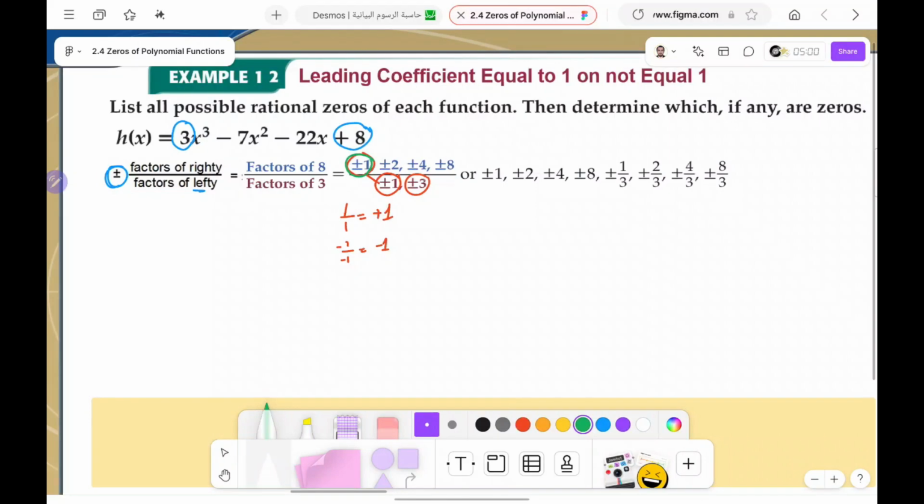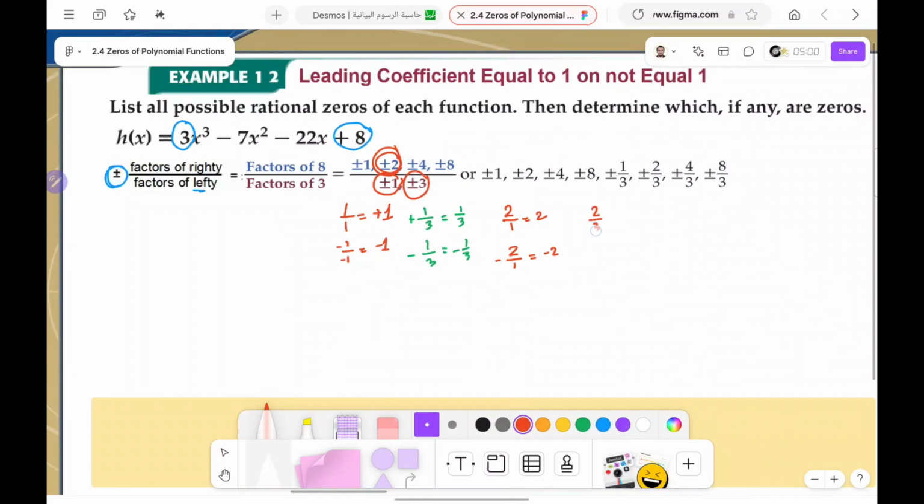Positive 1 over 3 is 1 over 3, and negative 1 over 3 is negative 1 over 3. After I finish dividing the first term, I take the second term and divide by each one. So 2 divided by 1 is 2, then 2 divided by negative 1 is negative 2. Then I take negative 2 divided by 3.